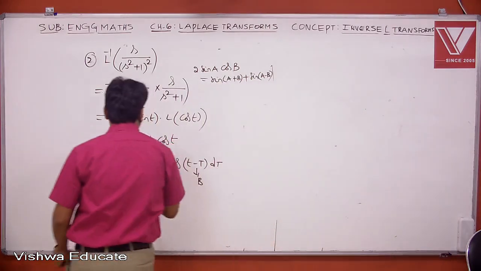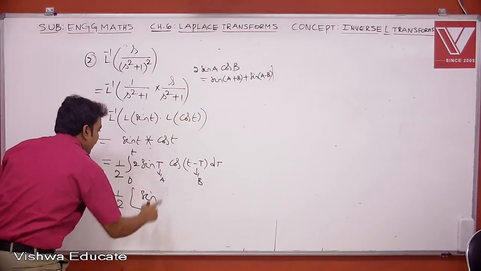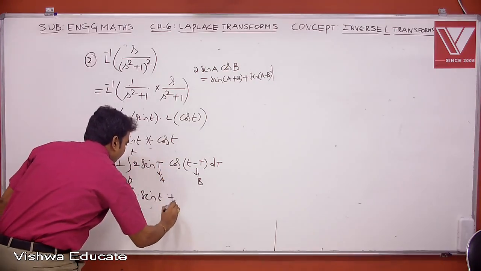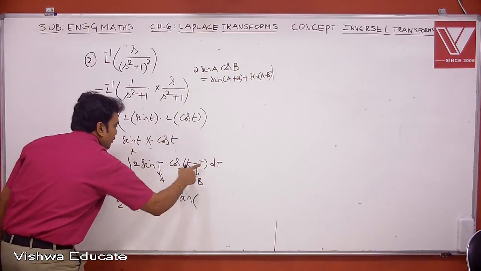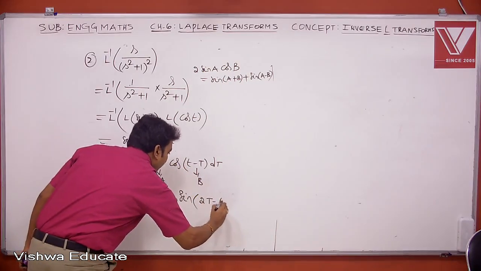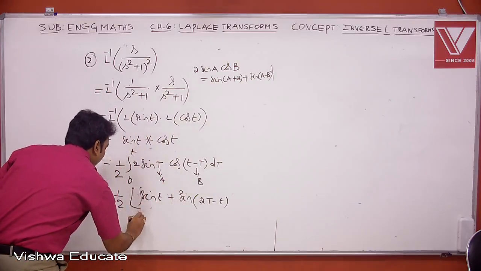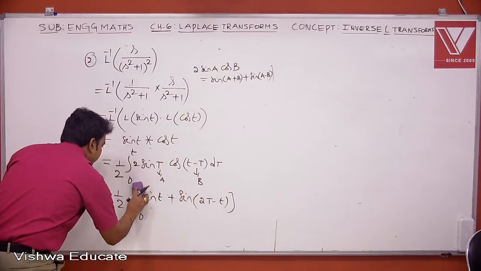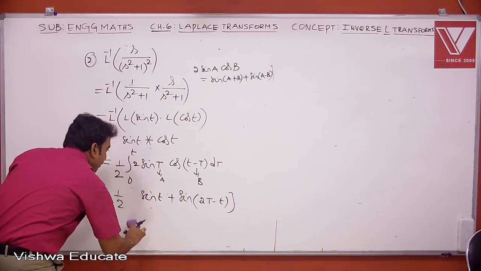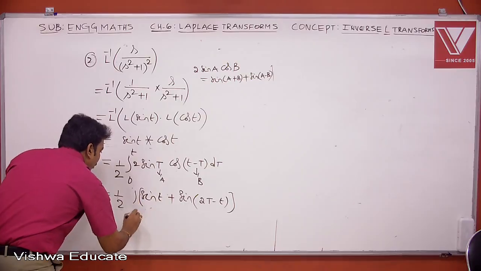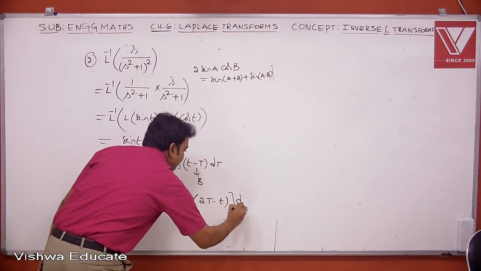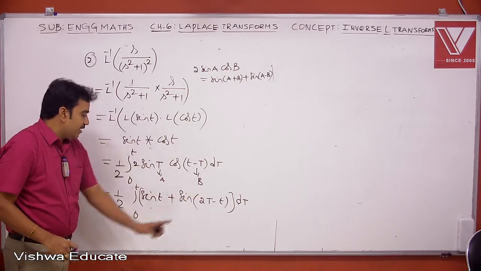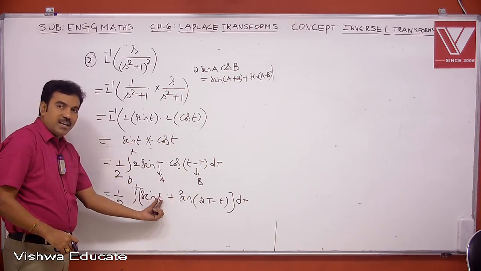Then sin of A plus B: capital T and minus capital T will be cancelled, so this is sin t, plus sin of A minus B, which is 2 capital T minus t. This is integral 0 to t dT. Now here we are integrating with respect to capital T, so small t is a constant.